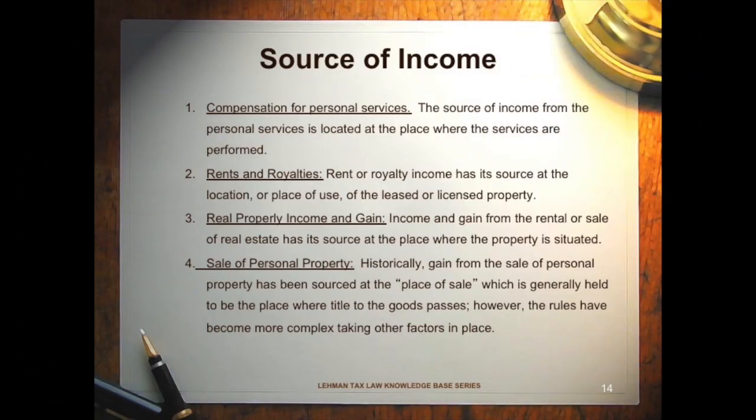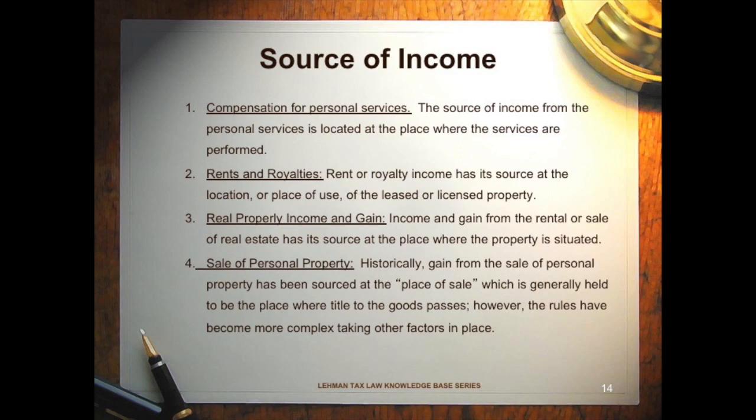The first we're going to look at is the U.S. source of income. Now, compensation for personal services. People who are working in the United States and receiving compensation for their personal services in the United States have U.S. source income.